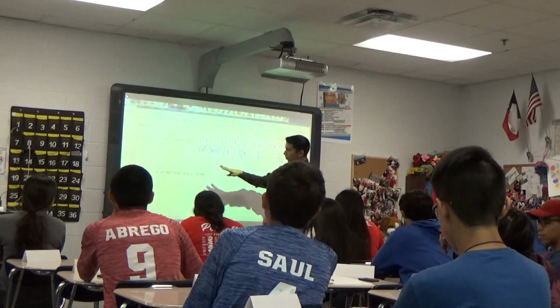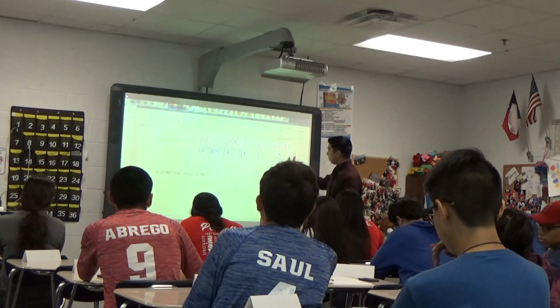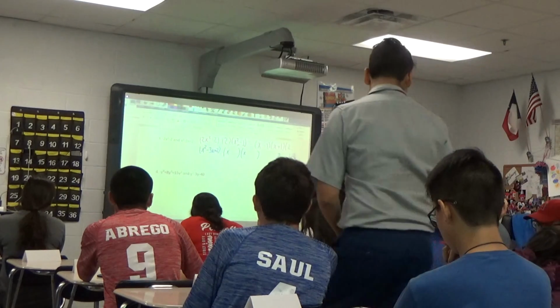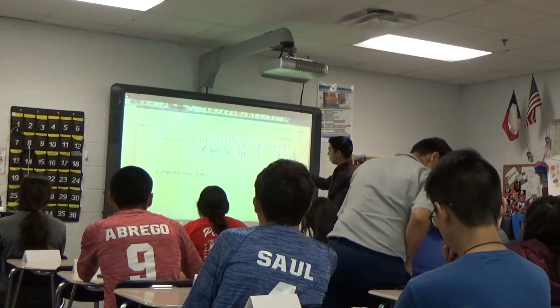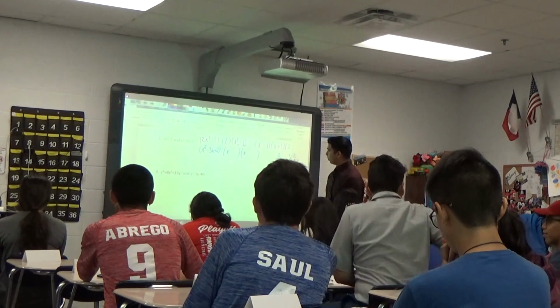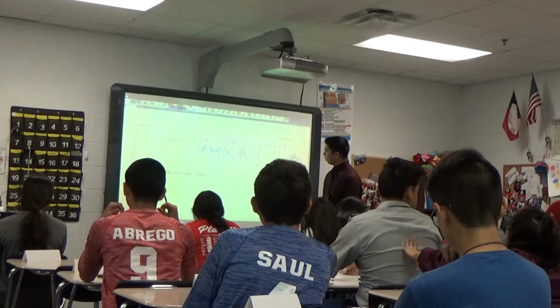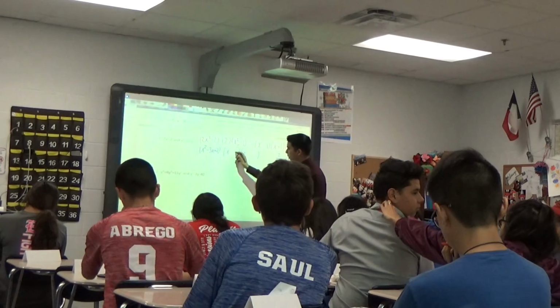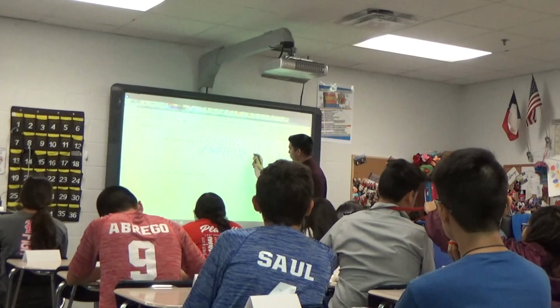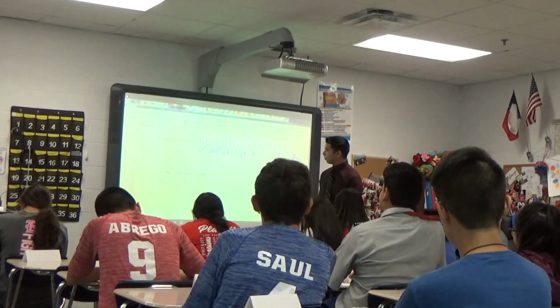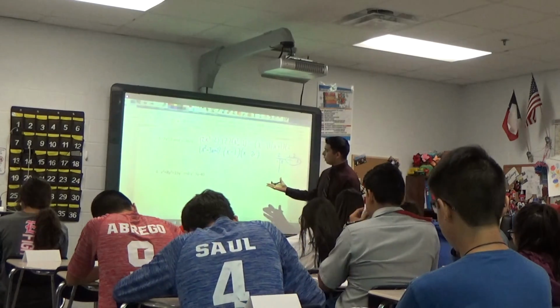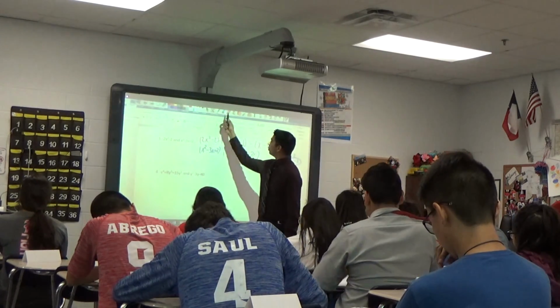Right? When we add positives, we come out with a positive. When we add negatives, we come out with a negative. Therefore, these are the values we're going to use: negative 1, negative 2. And then, if we need to, we can test it.